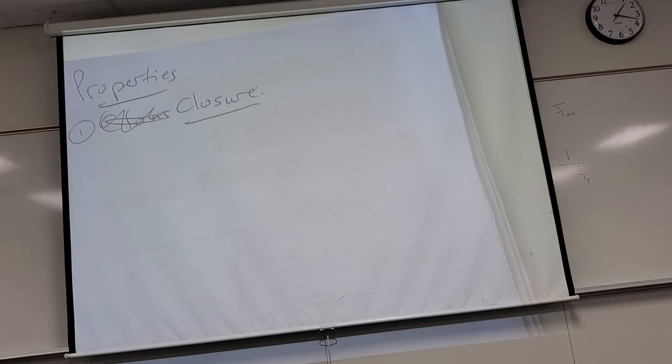Another whole number. Can I take any 2 whole numbers, add them, and get out of the set of whole numbers? No. The set of whole numbers is closed under addition because I can't get out of the group. There's a reason we called it closure.